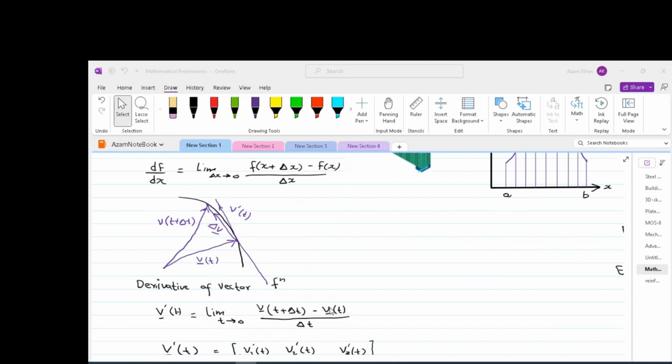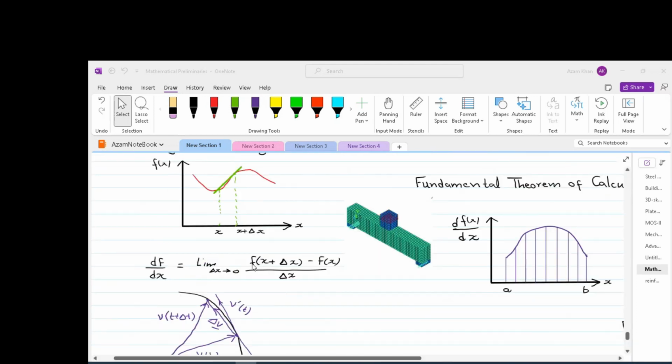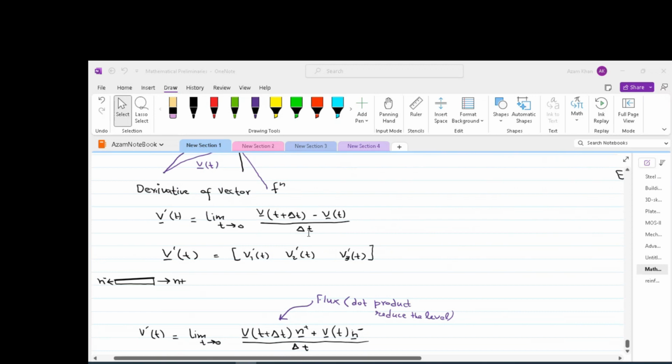That's what is written over here, divided by delta t, which is the step. We are using the same concept as over here. The scalar function is divided by the step. This is the change in the vector function divided by the step. And then we make this step tend to 0.